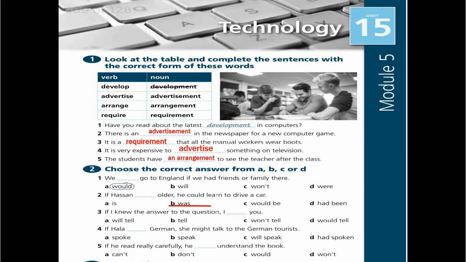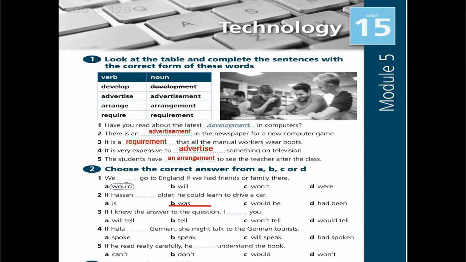Number 3, if I knew the answer to the question, I space you. Like number 2, we have the first part from the rule of the second conditional. If I knew, verb knew here is the past simple of verb know. So if I knew the answer to the question, I space you, we have to complete the form or the rule.